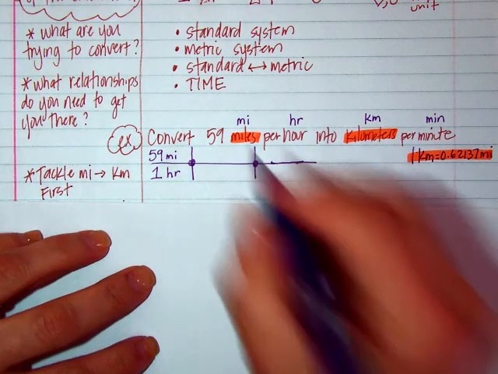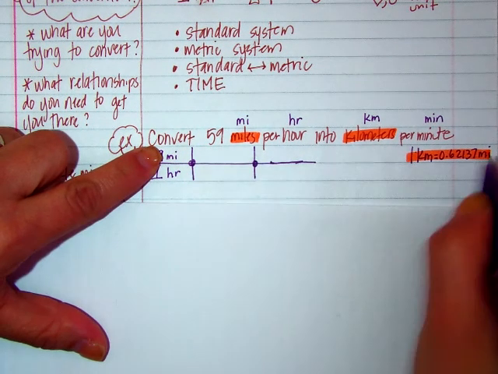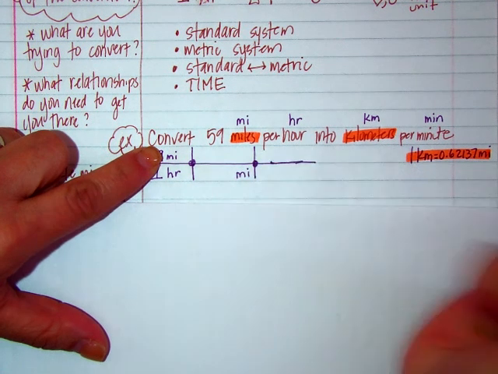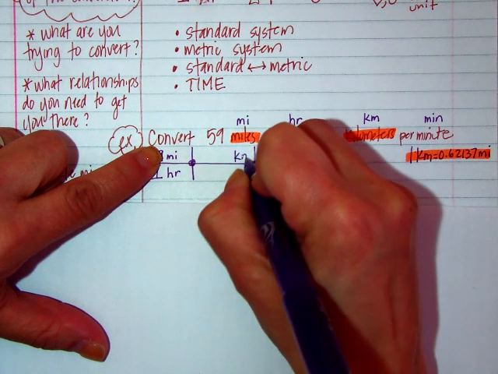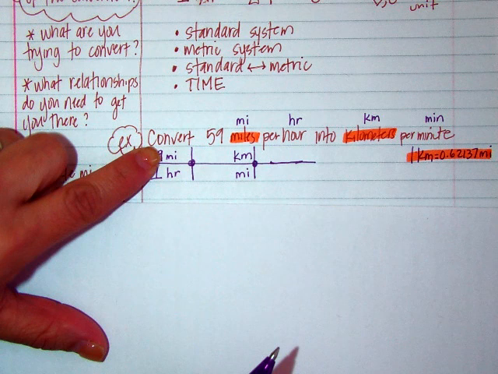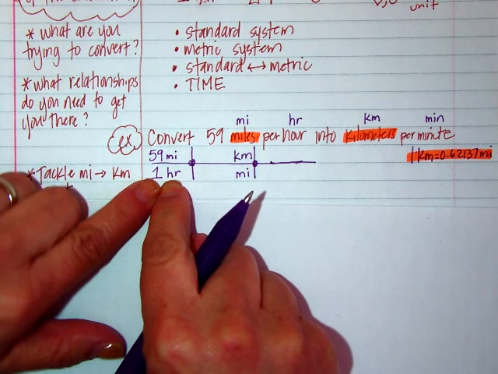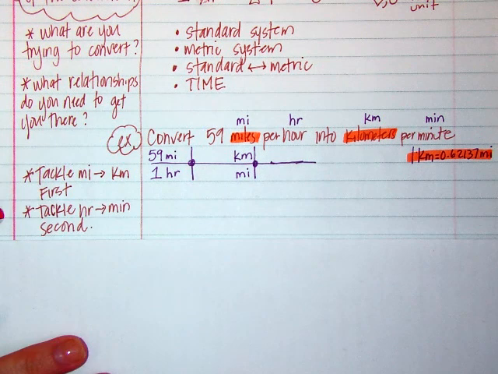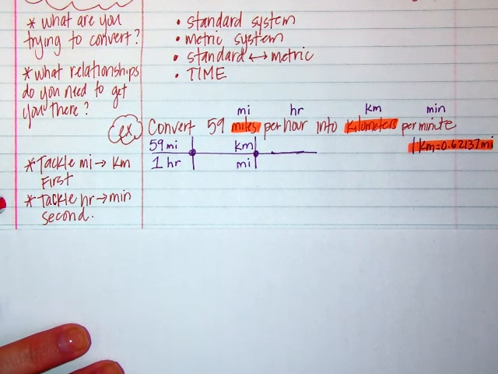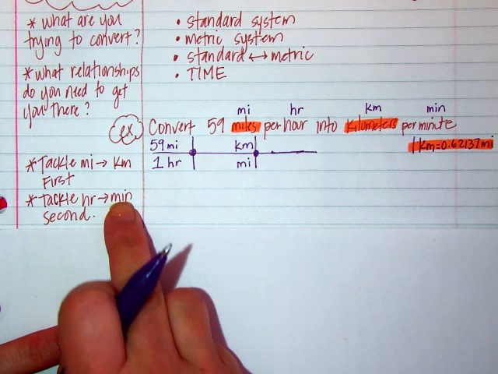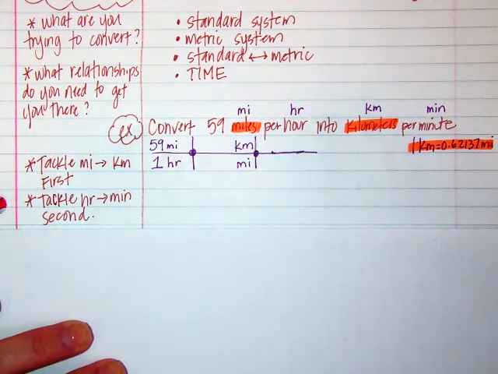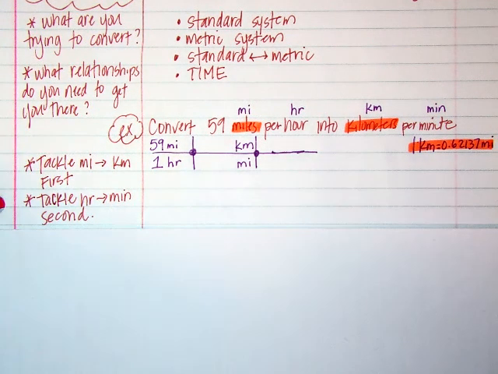So for miles, I have miles here on the bottom, and I have kilometers on the top because kilometers is the new thing I wanted. Now I want to tackle the second units, hours to minutes. So let's go to time because I know that's neither standard metric or standard to metric.